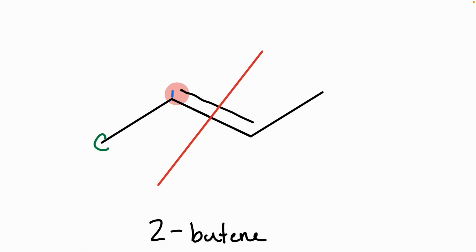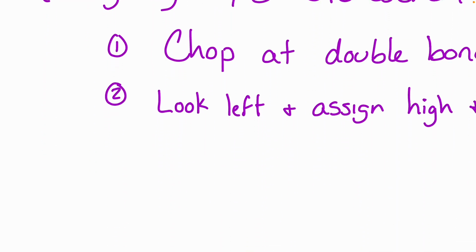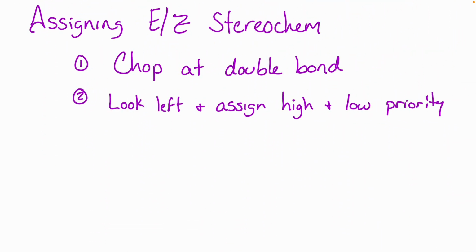That implied hydrogen that's sticking up right here. Absolutely. Remember, we just know it's there. We fill it in our mind's eye. So I'm going to look at that carbon and that hydrogen, those 2 groups that are bound to that carbon, and I'm going to assign 1 high priority and 1 low priority. Remember, the higher the atomic number, the higher the priority.